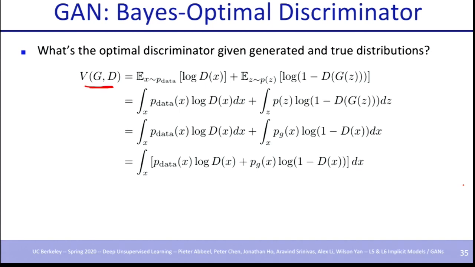This is our objective that we look at for our discriminator. All right, we're trying to find out to maximize the likelihood of this thing for our discriminator, which is here and here. Let's write this out explicitly as expectations as integrals, here with respect to the data, here with respect to our z's.